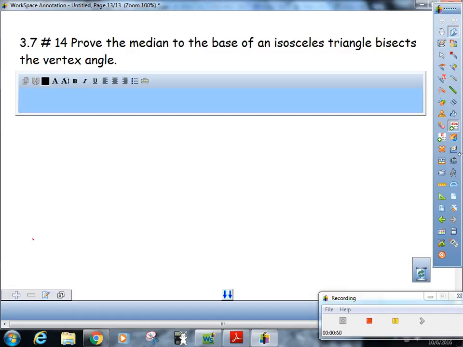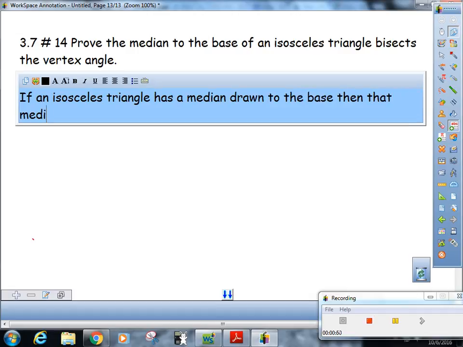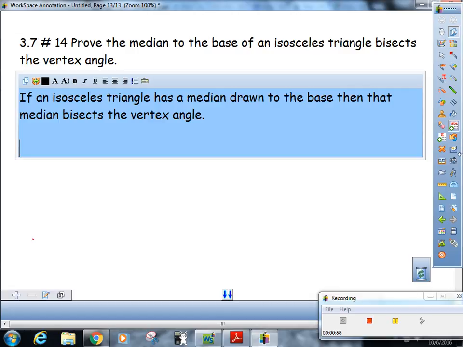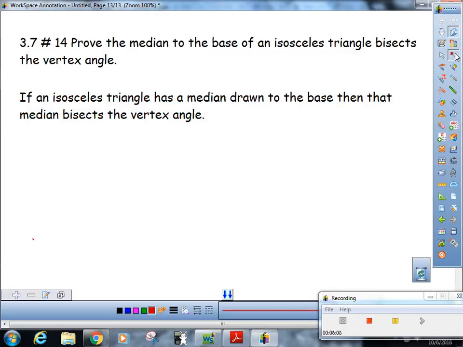So what this is saying is that if an isosceles triangle has a median drawn to the base, then that median bisects the vertex angle. Well, now that we wrote it in if-then form, it's much easier for us to figure out what we were given and what we need to prove.